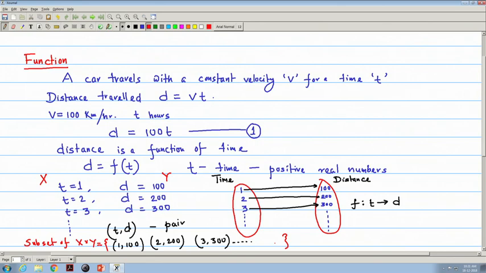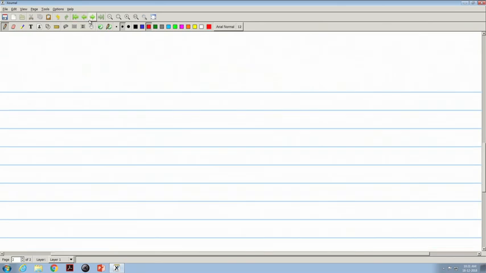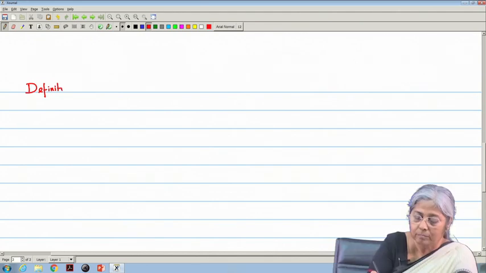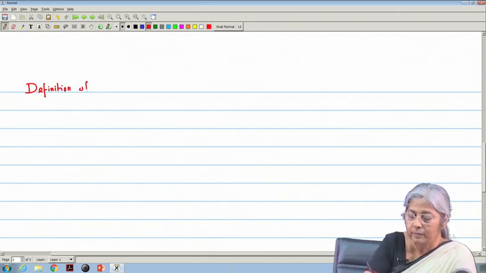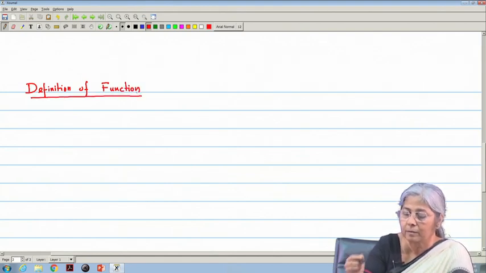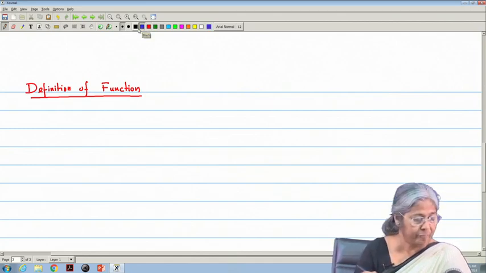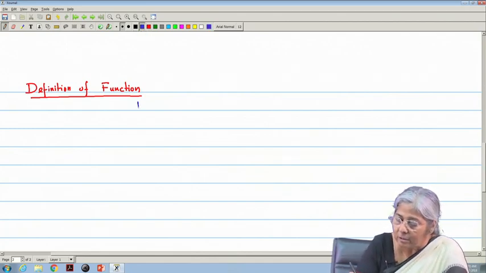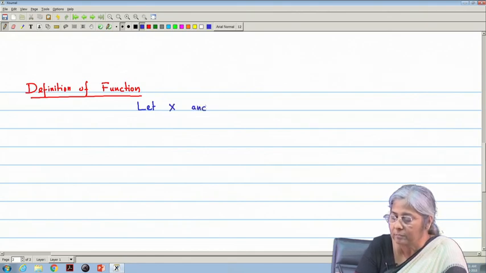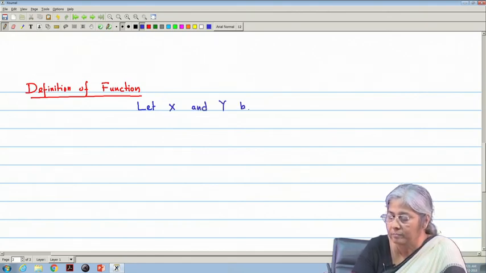So, now formally we can define function. The definition of function: let x and y be two sets.